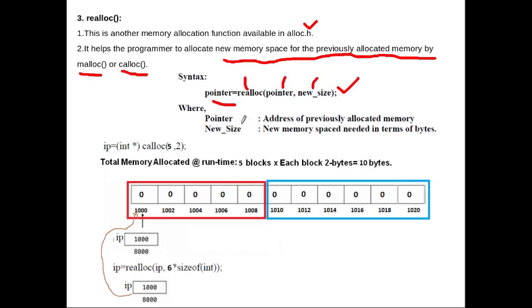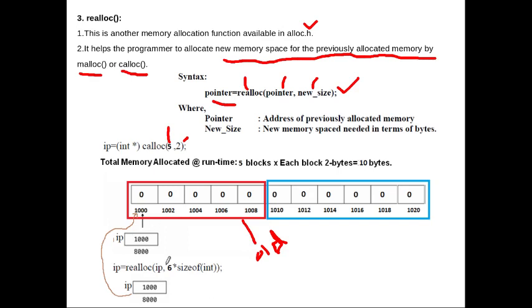Let us take an example. Assume we have allocated 5 memory locations, each of size 2 bytes. This is the old memory. During execution of the program, we require another 6 locations, each of size 2 bytes.